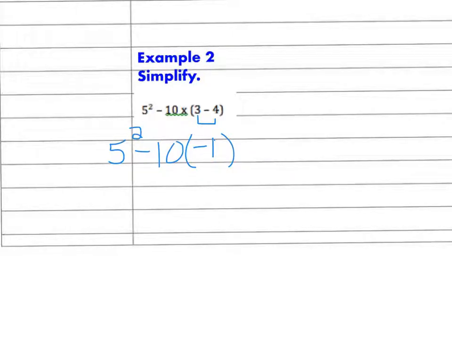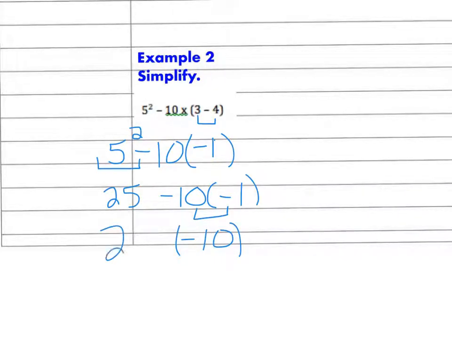Now I'm going to take care of this exponent. So 5 to the second power would be 5 multiplied by 5, which is 25, minus 10 multiplied by -1. Now we're going to multiply 10 and -1 to get -10.